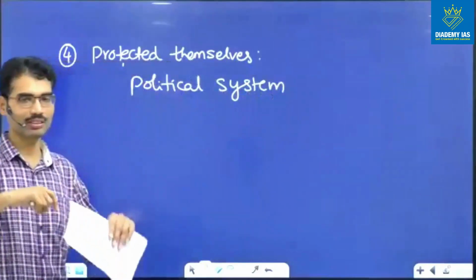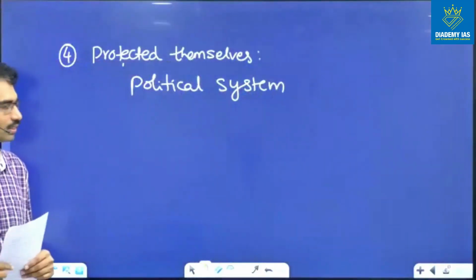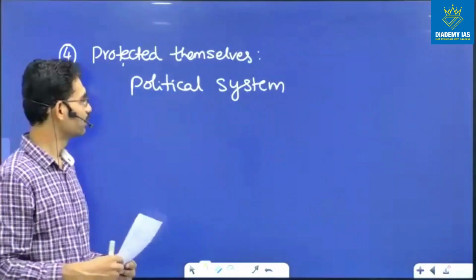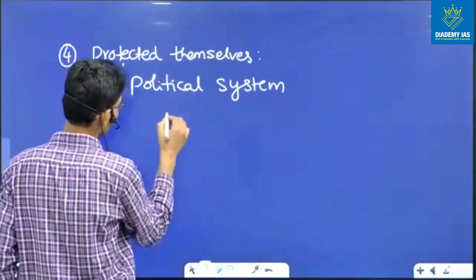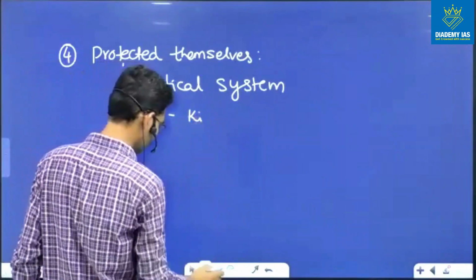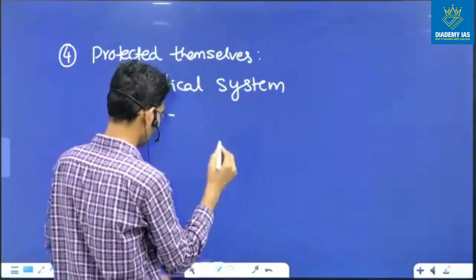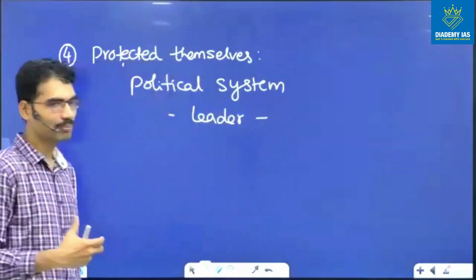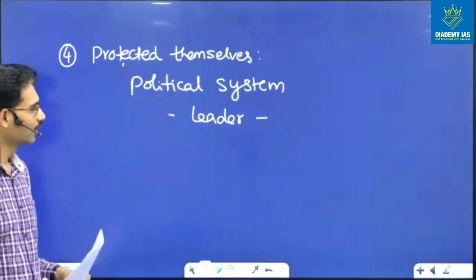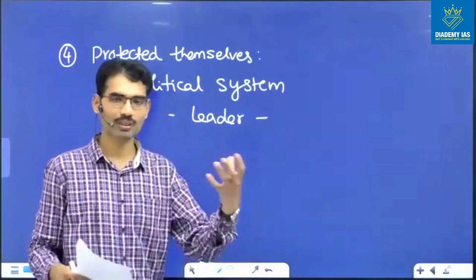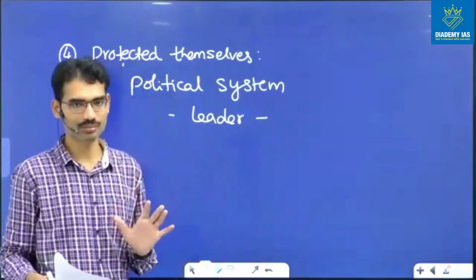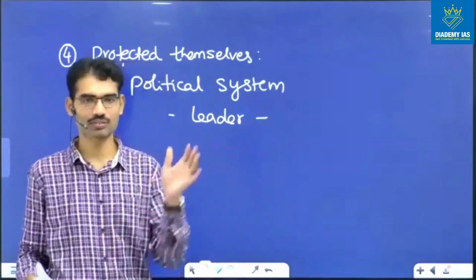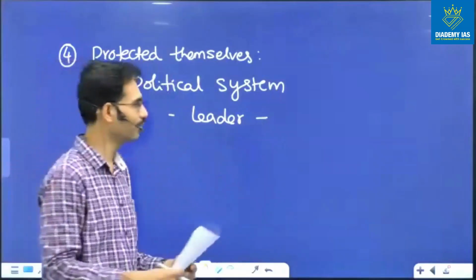So there must be some kind of rules within the group so that people will not fight always for the resources. When it comes to political system, who is the ruler? Or we can say leader. Gradually, the meaning of leader itself changed. In the earlier times, one of the persons was chosen as the leader. Later, once one family is chosen, from that family onwards, one after the other, same leadership from the same family.